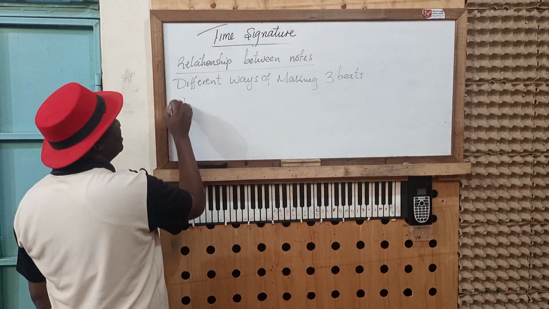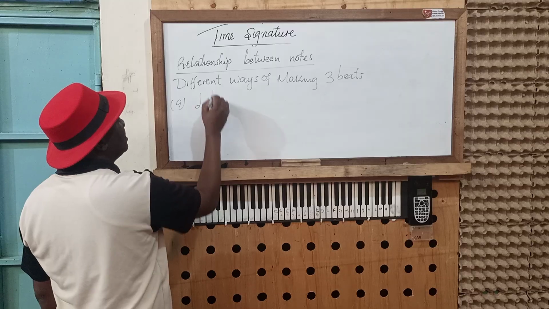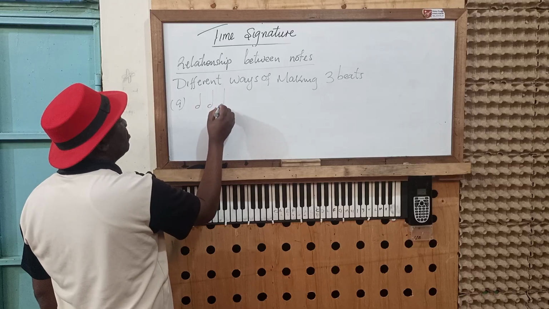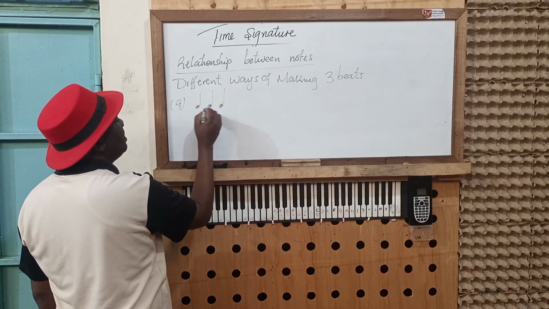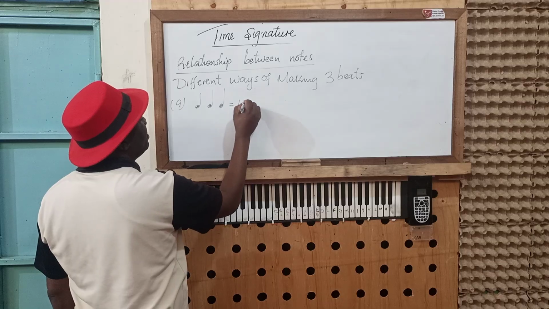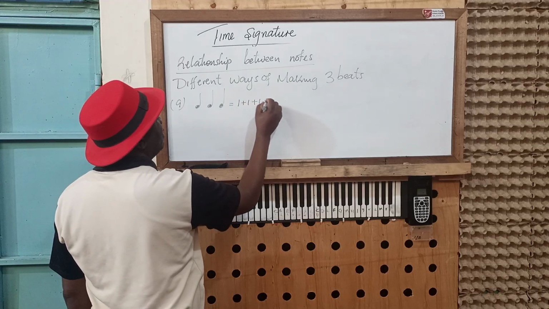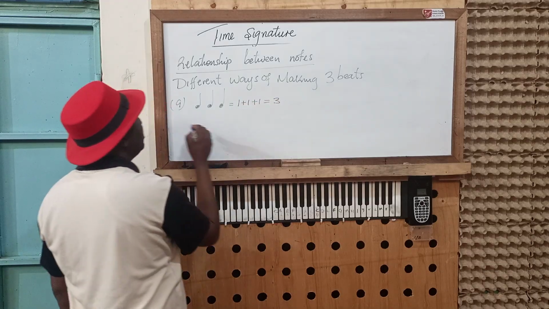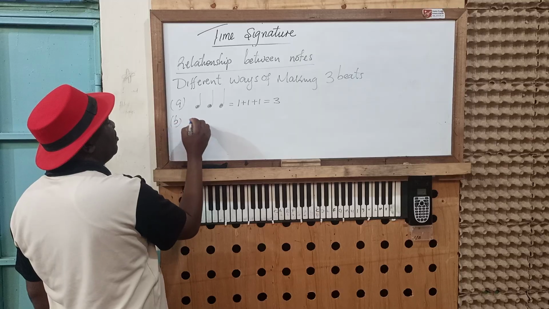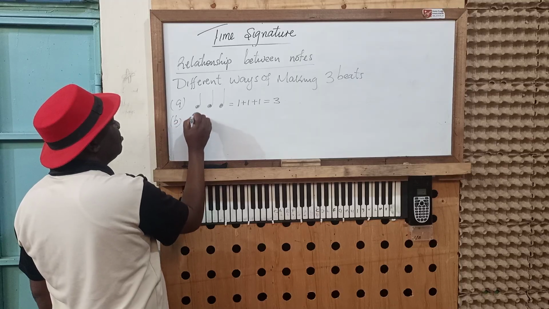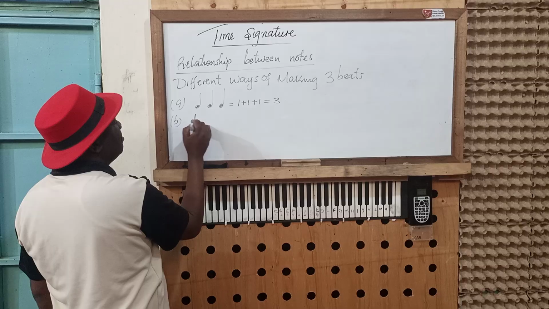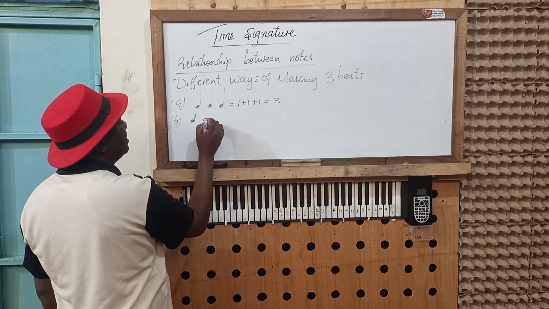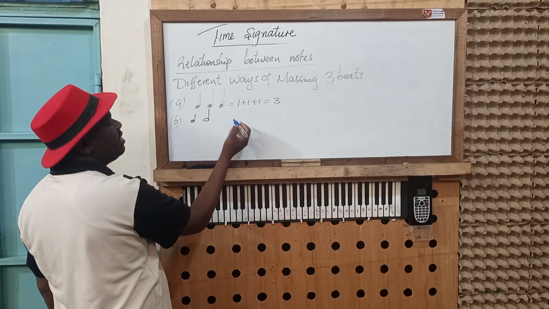The first way is having 3 crotchets. You know a crotchet is 1 beat. So this means it's 1 beat plus 1 plus 1, which is equal to 3 beats. B, you can have 1 crotchet and that note is called a minim.